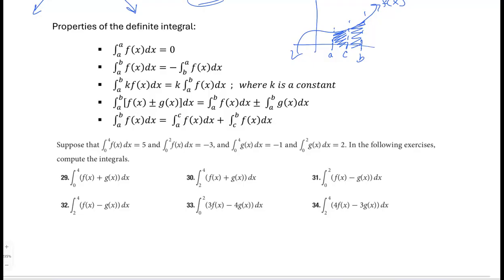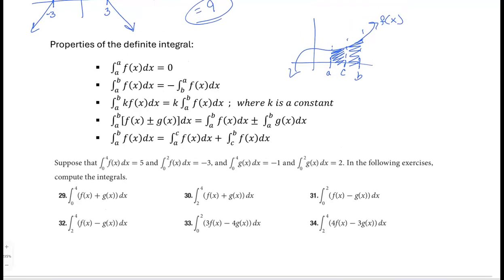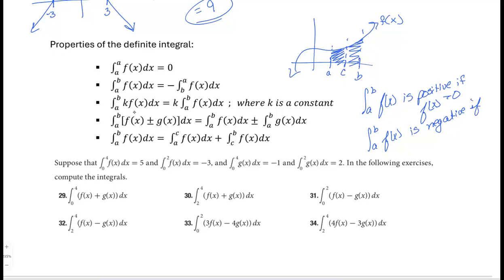So one other thing we need to talk about: when we integrate something that is above the x-axis, we're going to get a positive. And we're going to get a negative if the function lives below the x-axis.